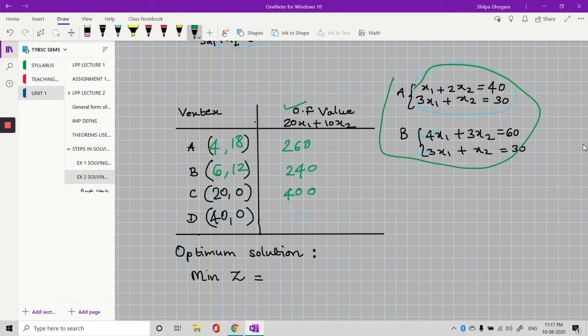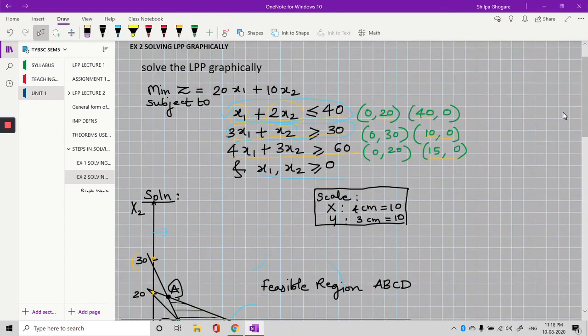Now remember, the objective function was minimization. You can see here, our problem is of minimization type, and therefore out of these, which value is minimum?